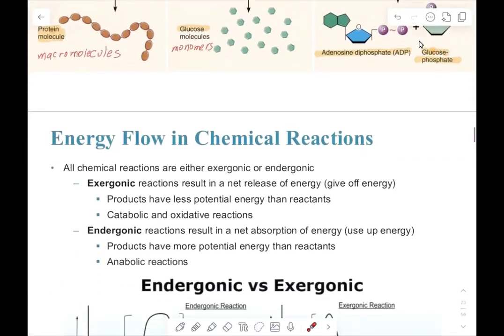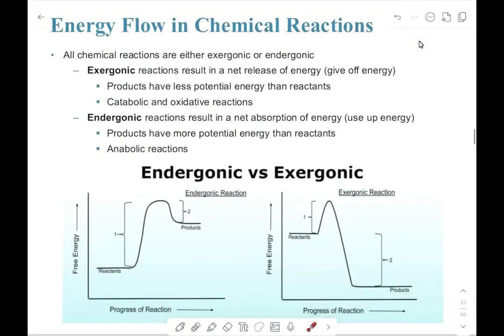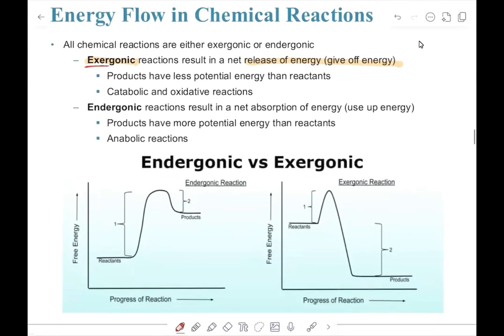Now, when these reactions happen, there's really two examples of what can happen. Either energy is going to be released. If it gives off energy, that's what's called an exergonic reaction. Look at the beginning of the word. It kind of looks like exit, and the products have less potential energy than the reactants. And it's a catabolic and oxidative reaction.